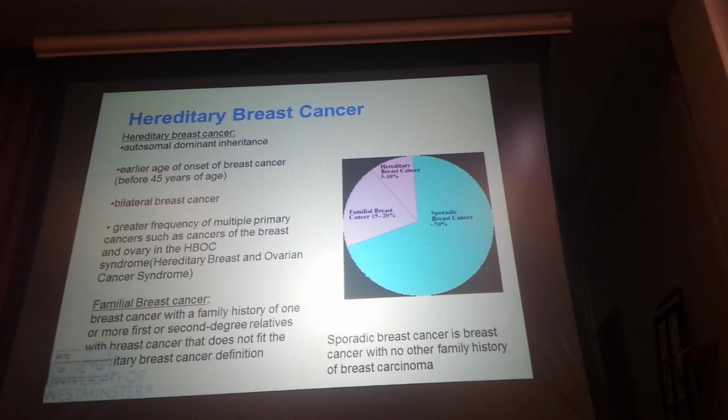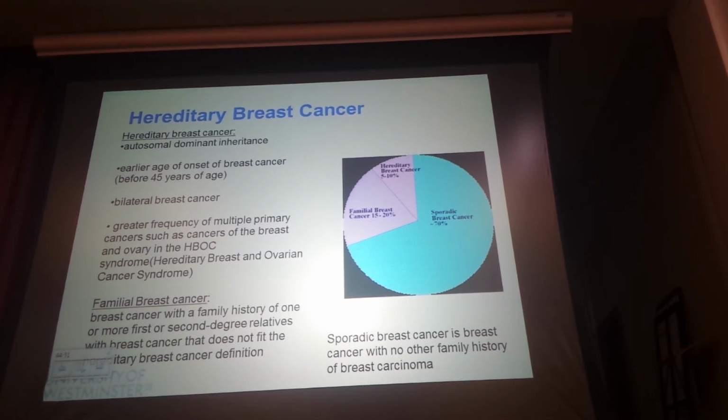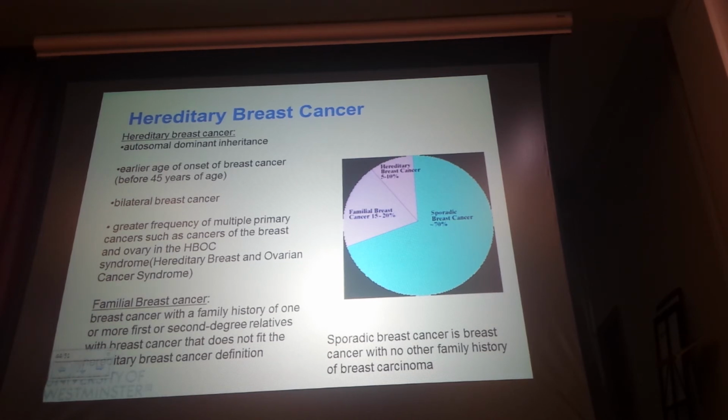So hereditary breast cancer is when there is clear evidence of the transmission of mutated genes. You can also have familial breast cancer, where there's a family history of one or more first or second degree relatives with breast cancer, but there's not necessarily a transmission of the cancer genes.